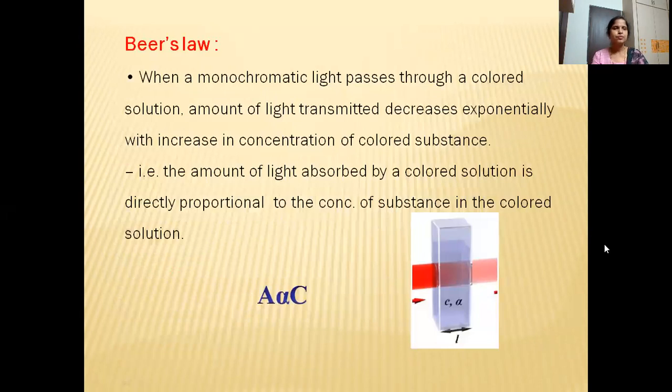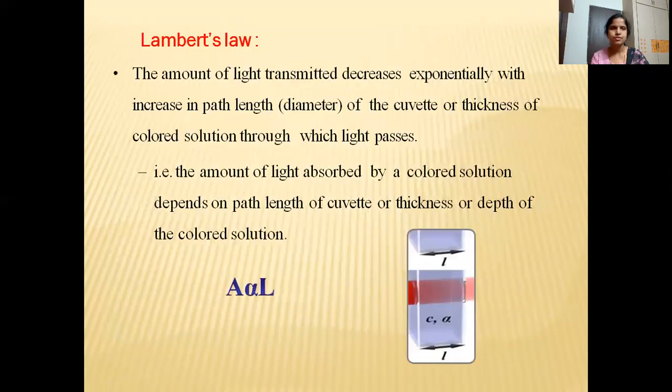As we know, according to Beer's law, in the last class we have seen the derivation part, everything. The relation that we have to remember is the absorbance of the light is directly proportional to the concentration of the sample solution. So A is directly proportional to C. As the concentration of the solution increases, the absorbance also increases.